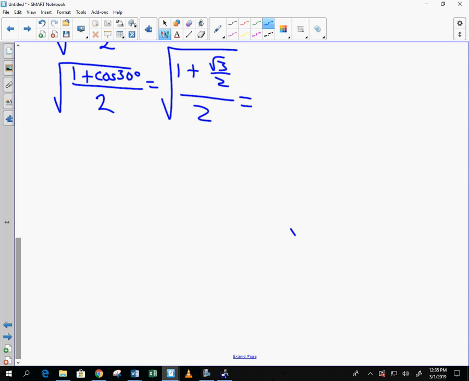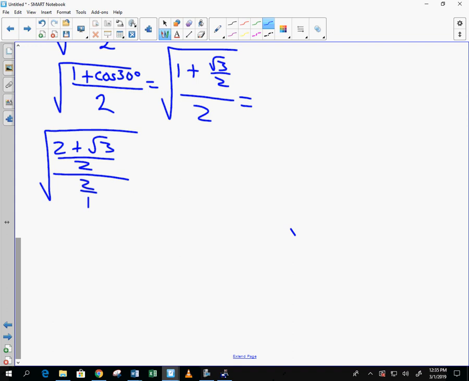So how do I create one fraction in the numerator? Common denominators. So would you agree that would be 2 plus the root of 3 over 2, all over 2 over 1? Okay with that step? Okay.